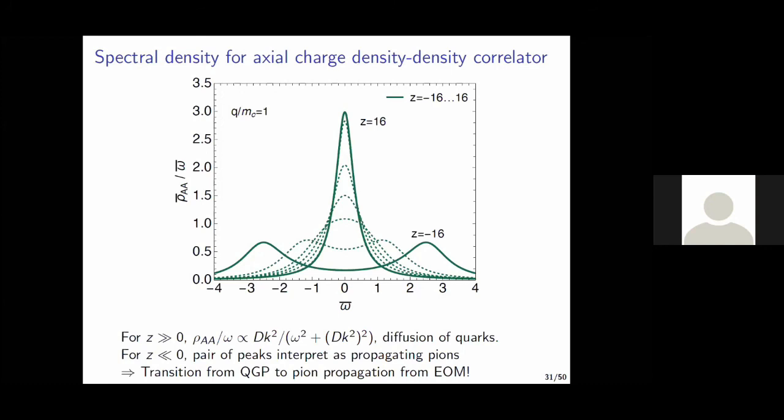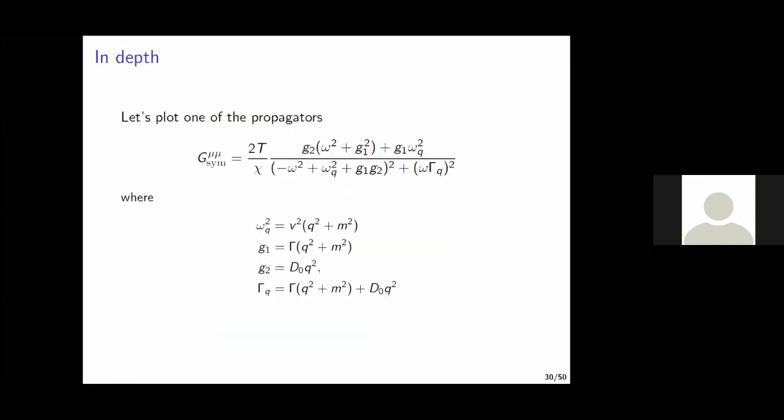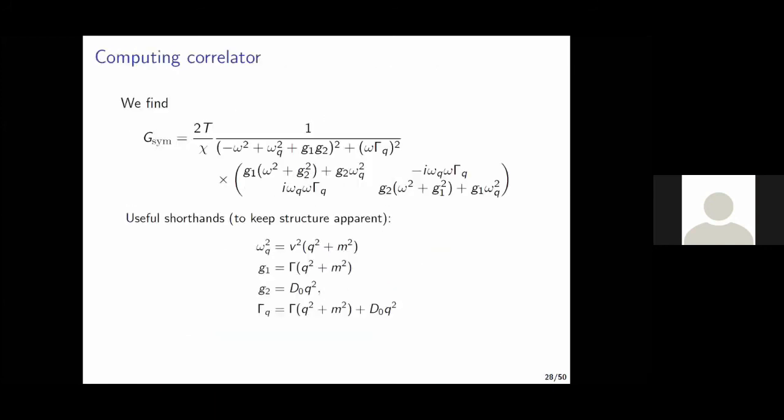But what's neat is that somehow it's mixing. Initially, the axial current correlator and the pion field are completely uncorrelated. The spectral density matrix is diagonal.